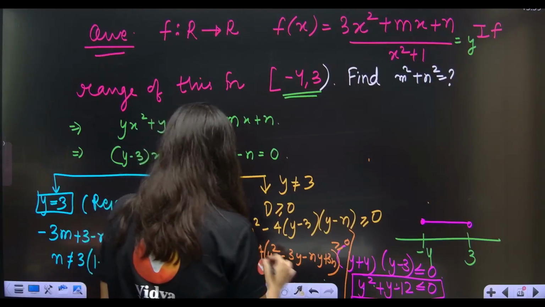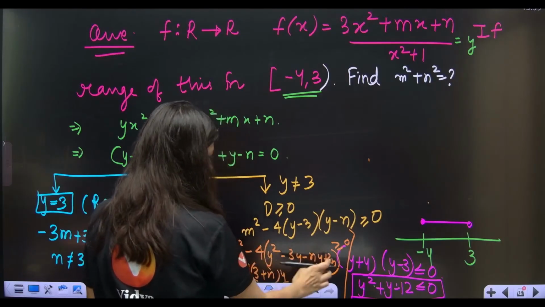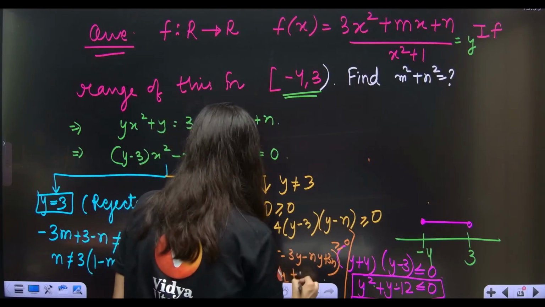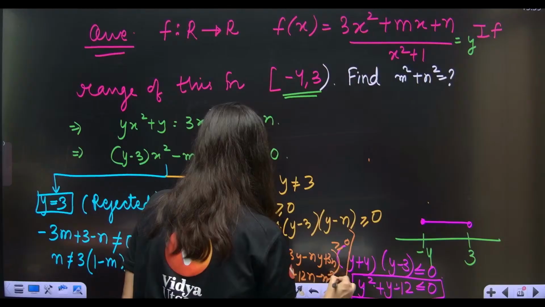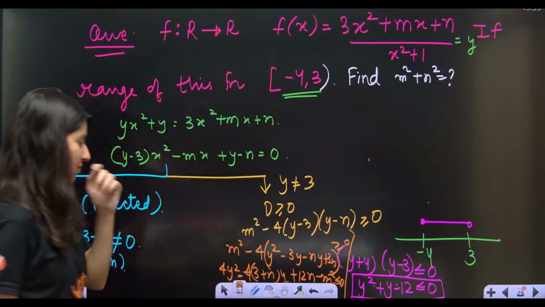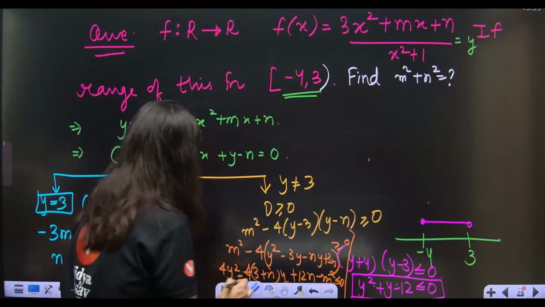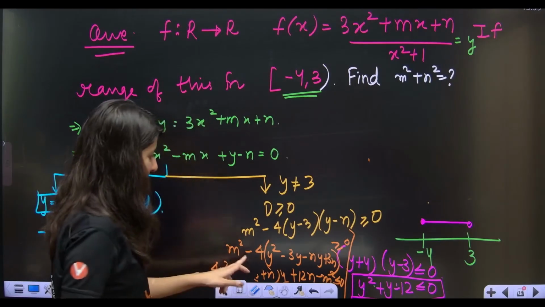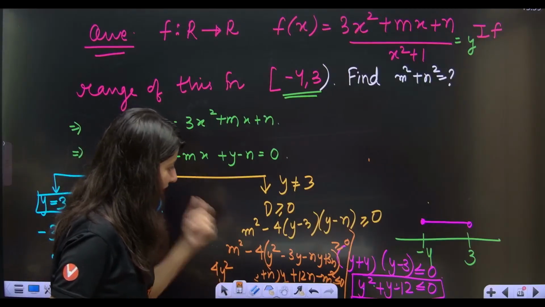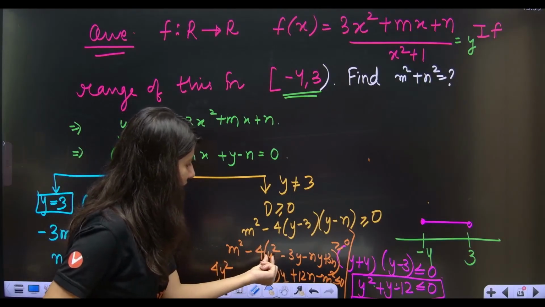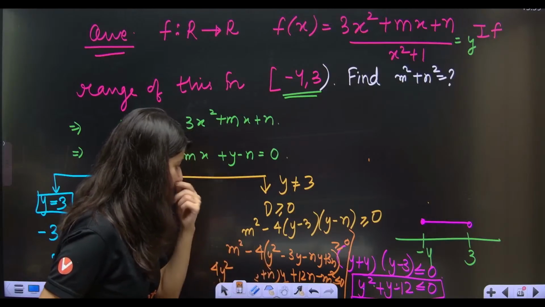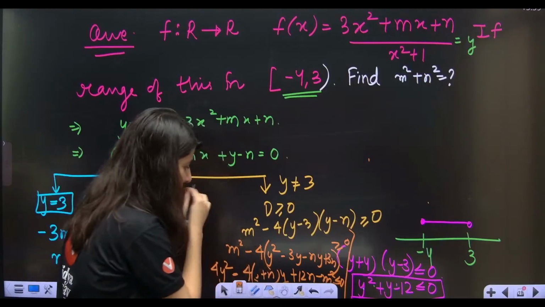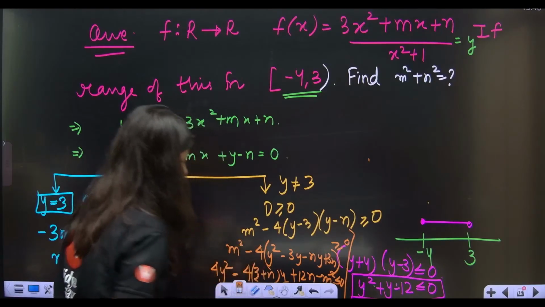And can you see 4 3s are 12, so minus 12n, so plus 12n minus m square less than or equal to 0. Just multiplied the negative sign over here. 4y square, correct? And what is this coefficient? Tell me. So plus, minus, plus, but eventually one more negative sign, so minus 4 times 3 plus n times y. So this is your quadratic.